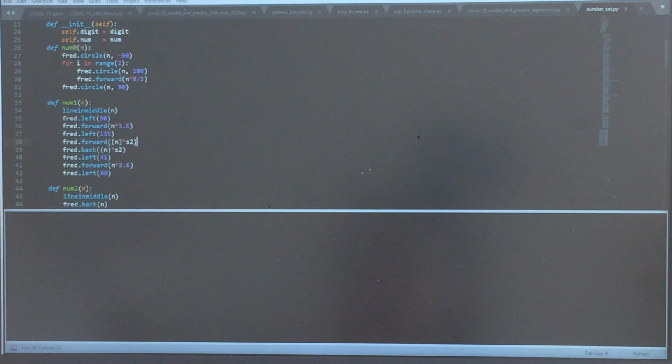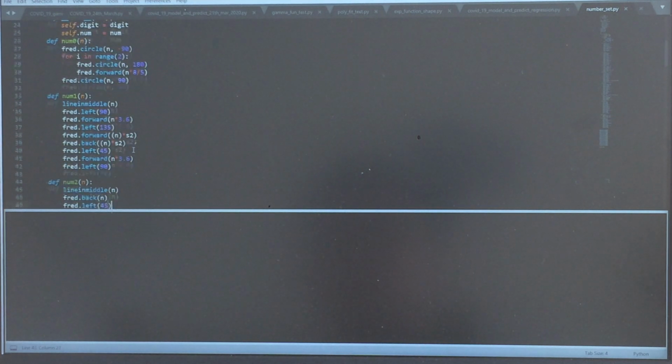And the square root of 5,000 is 50 times square root of 2. And then it goes backwards that much.